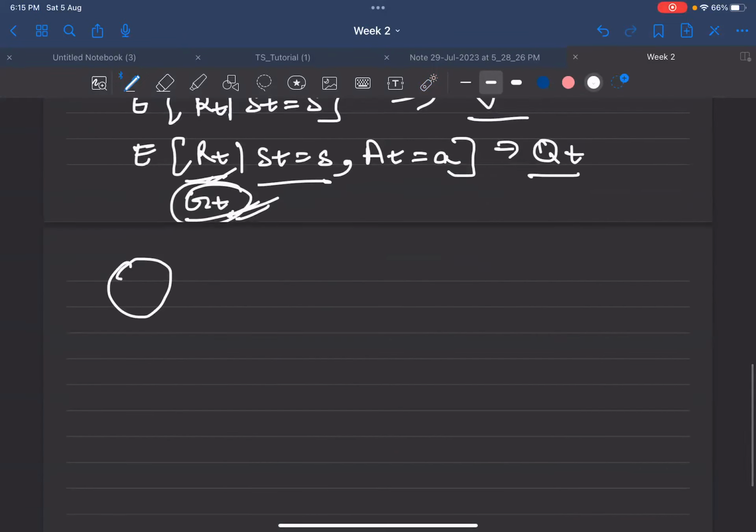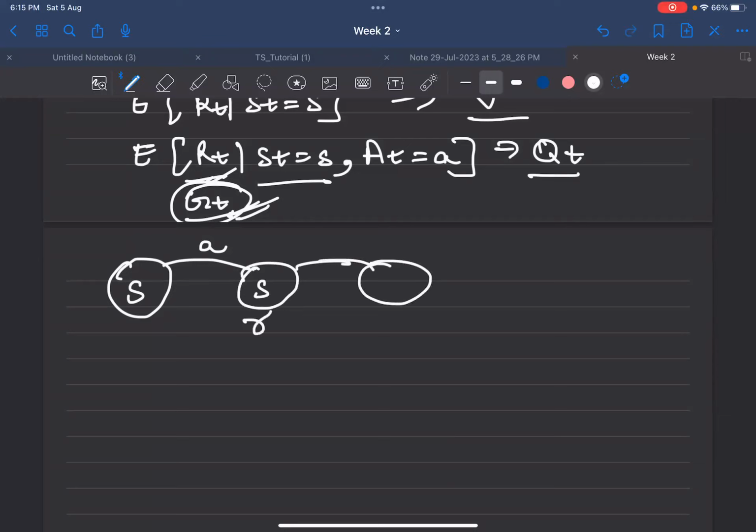Ma'am, I have one doubt. Q_t, I think it is associated to a particular action, right? Or a particular arm. Yes. Let's understand more deeply. Now I have a state. I have taken a particular action. Then I can say what is the reward, and what will be the action after this.